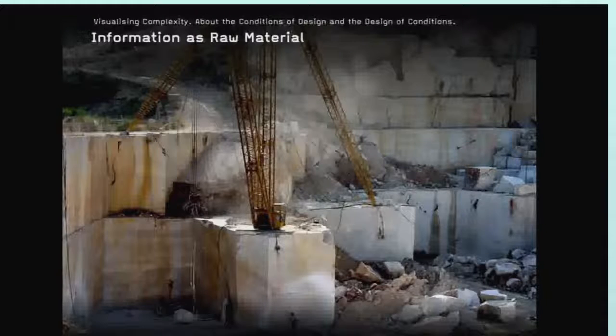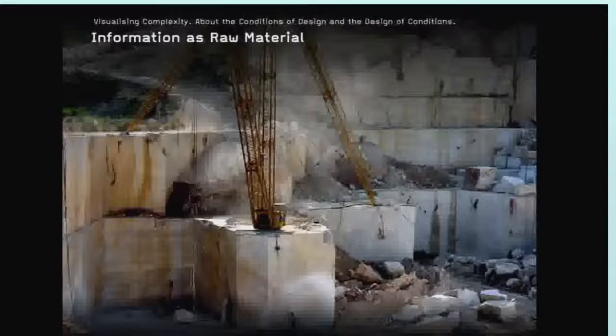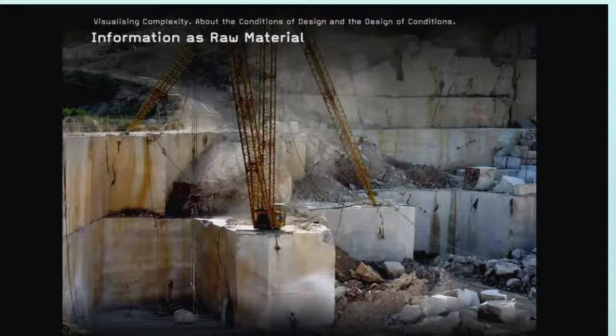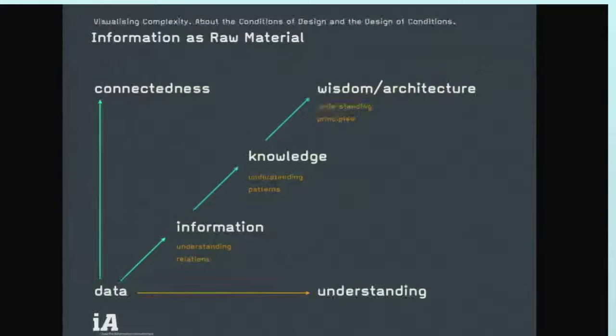And our idea is, of course, to use information in the future as the raw material, as the building material for information architecture. If you look at the flow and the position of data and information in space and time, you have the axis of understanding going to the right, and the axis of connectedness going to the top.